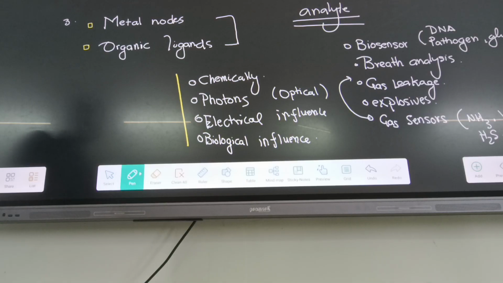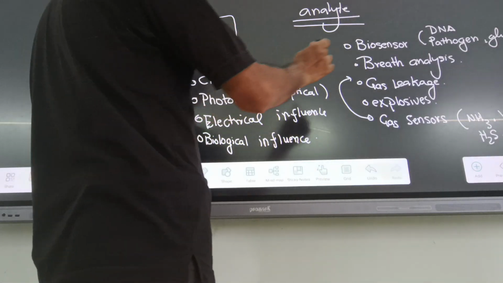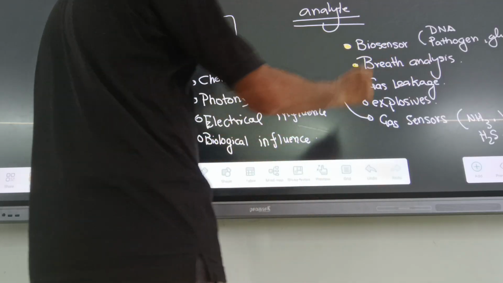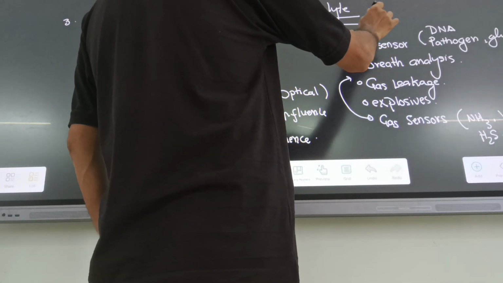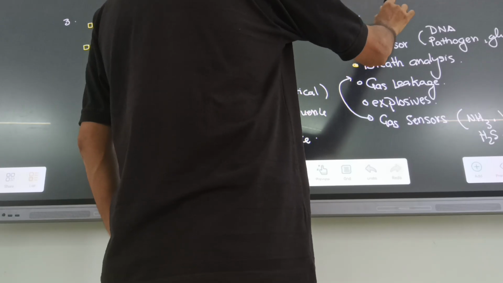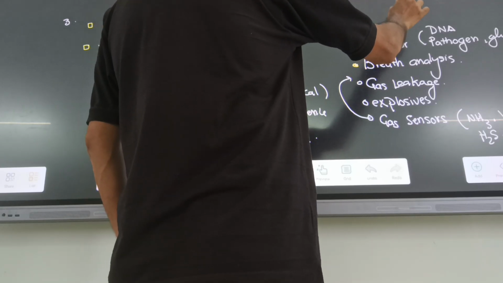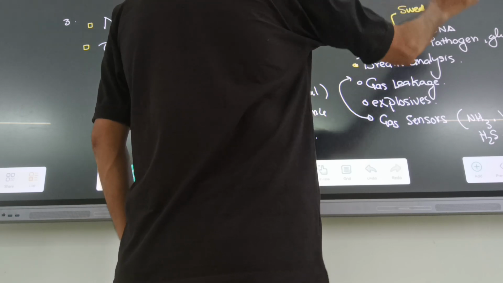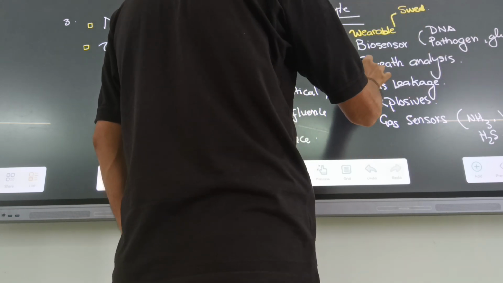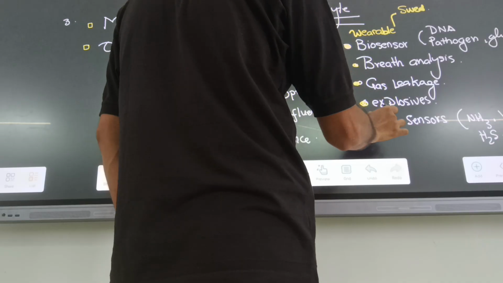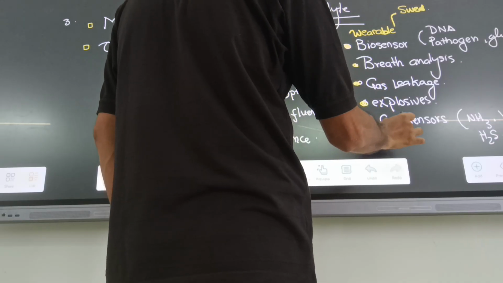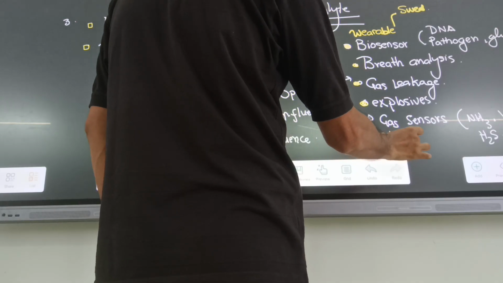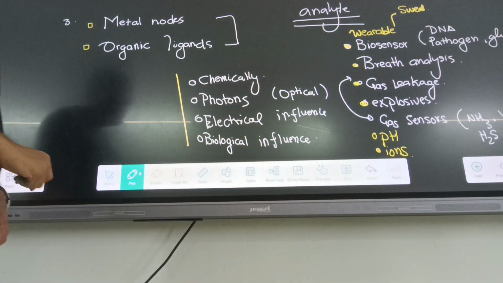And they are used in different types of sensors, for example, biosensors, drug analysis sensors, also wearable sensors, sweat analysis technique, gas leaks, explosives, pH, ions, lot of them. इनमें इसका इस्तेमाल होता है.